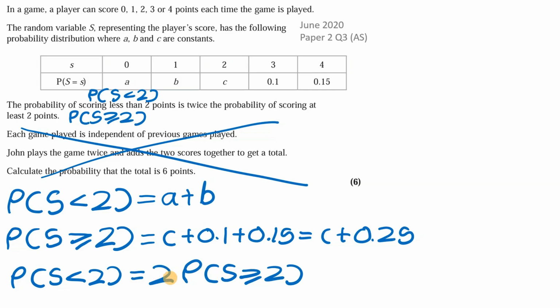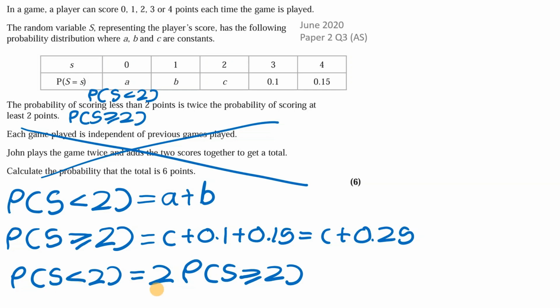Make sure you have the 2 on the right side here. It's a very common mistake students make, putting the 2 on this side here. If the probability that S is less than 2 is twice the probability that S is bigger than or equal to 2, that means 2 times the probability that S is bigger than or equal to 2 is equal to the probability that S is less than 2.